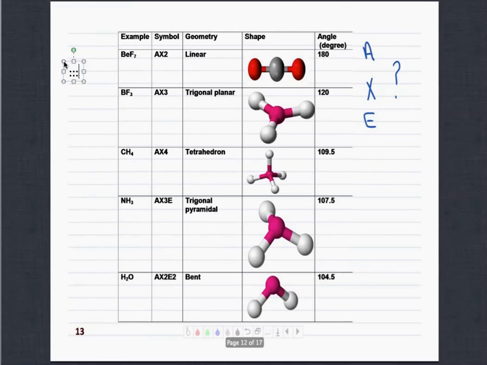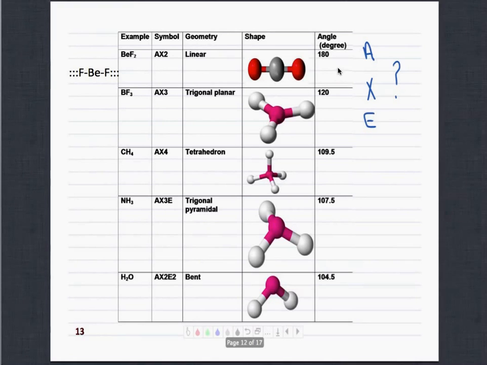So I have two terminal atoms connected to the central atom, which is A. E represents the lone pairs on the central atom. In the BeF2, I have 0 lone pairs on the central atom. So the VSEPR model is AX2, because E0 means there is no lone pair.